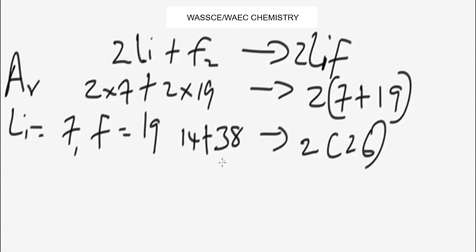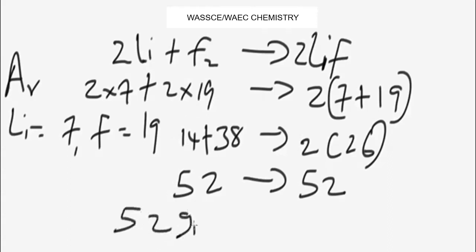When you break this down, the output is 52 equals 52. So the relative formula mass on the left is 52, and the unit is gram per mole. The one on the right is also 52 gram per mole.